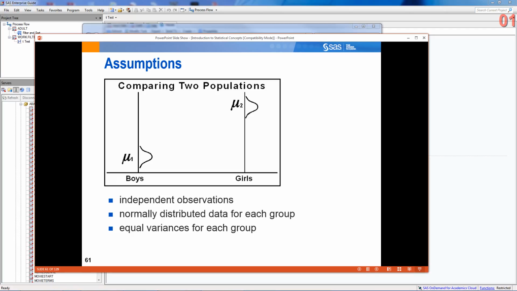If we had to draw a histogram of the test scores of boys versus girls, it might look something like this, okay? And hopefully we'll have normally distributed data, and they're approximately the same variance, which means it's not too spread out or too narrow as compared to the other distribution.